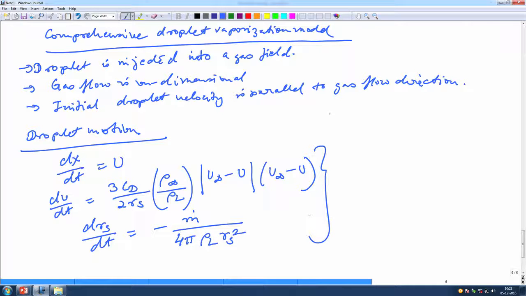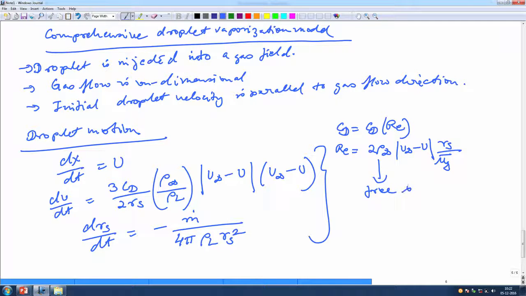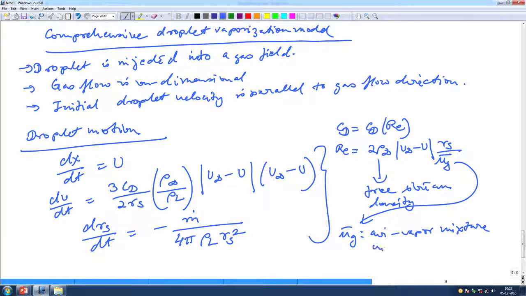And what did we learn earlier? That CD, the drag coefficient, is a function of the Reynolds number, the external Reynolds number, where that Reynolds number is once again given by rho infinity times (u infinity minus u) times Rs divided by mu g. Now, rho infinity is the free stream density, not the mixture density, whereas mu g is the viscosity of the air-vapor mixture, the average viscosity in the gas phase boundary layer.